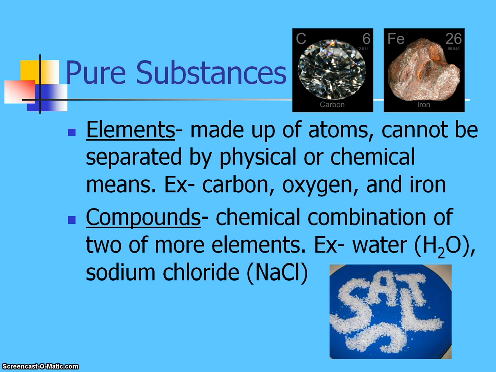You can't separate the H and the O by physical means. You have to separate them by chemical means. So the pure substances are elements and compounds. Get both of those definitions down in your notebooks. You can put the examples down if you want.